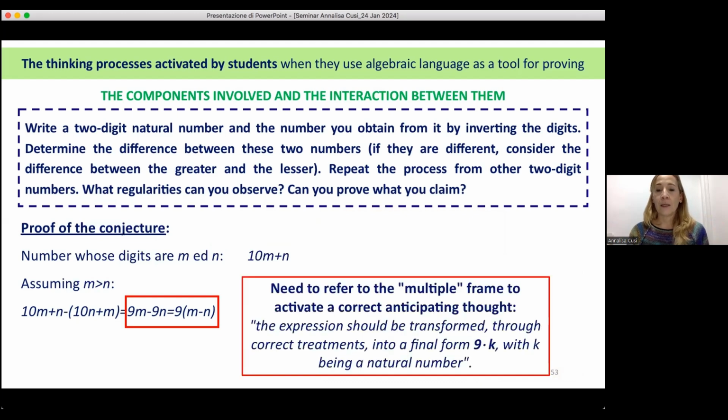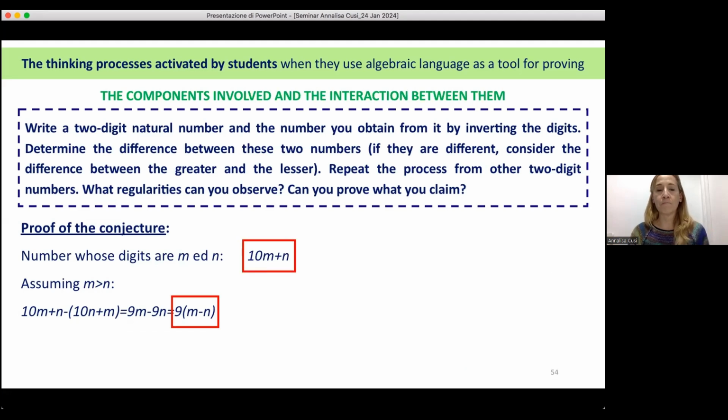Then there is a need to refer to the multiple frame to activate the correct anticipating thought. That is, the final form of this expression should be 9 multiplied by something. And so this anticipating thought will guide the treatments to be performed.